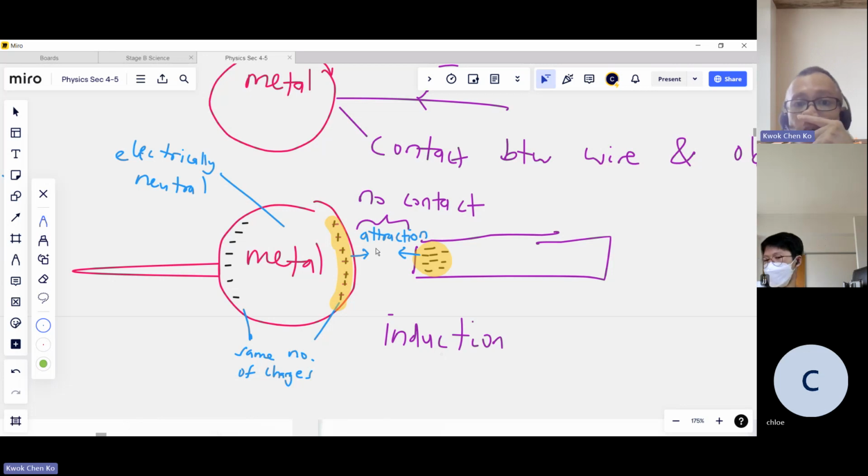So there is a force of attraction, but obviously it depends on how big or how massive these two objects are. Because if they are really big, then they may not move towards each other.